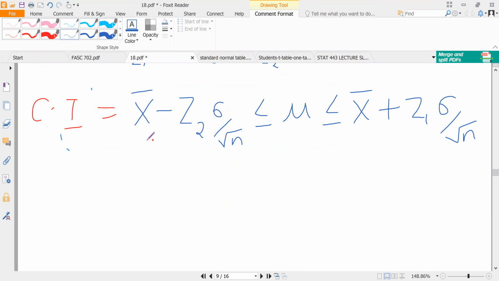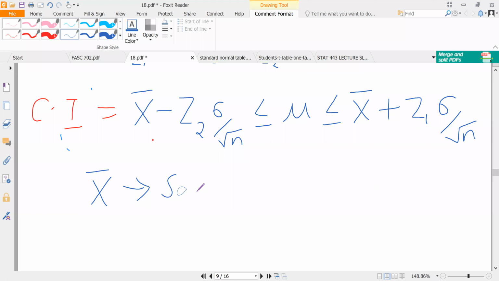Now, in this case, the lower limit here is a real value, and the upper limit is also a real value. So that implies that what we need to be able to get exact values are the quantities where x bar will be calculated from the sample.